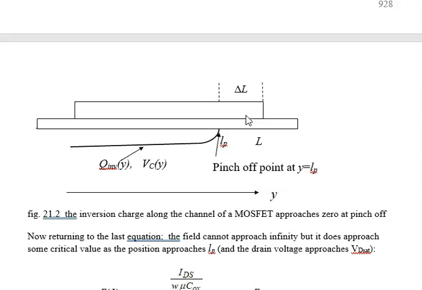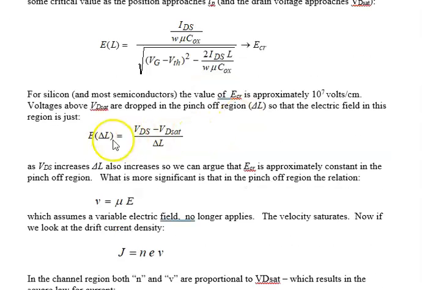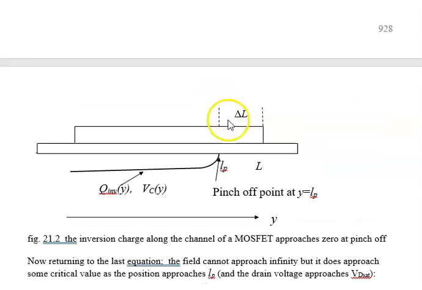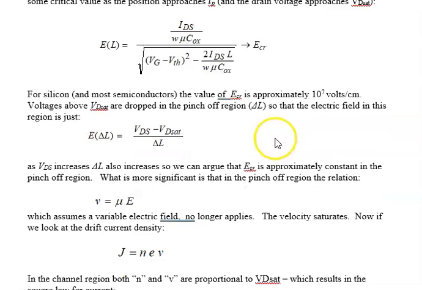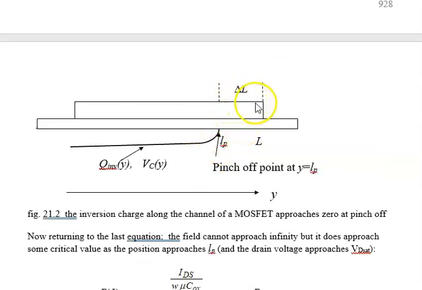All the voltage is dropped across the high resistance. So the field across this region right here is equal to the voltage drop, which is VDS minus VDSAT, where VDS is greater than VDSAT, divided by this distance, delta L.